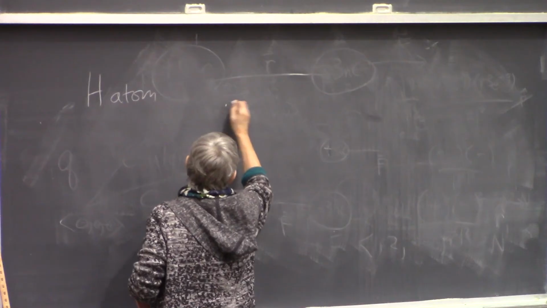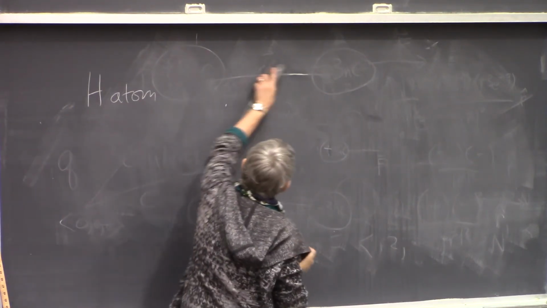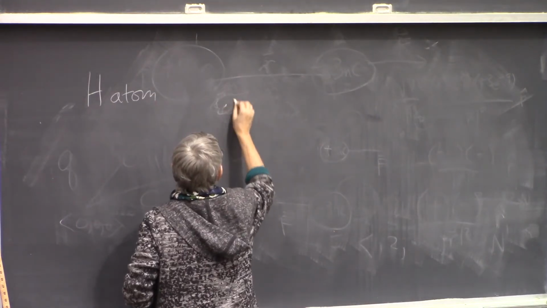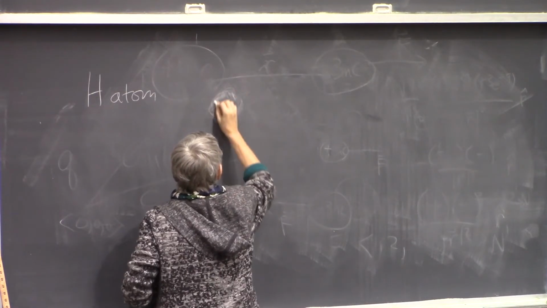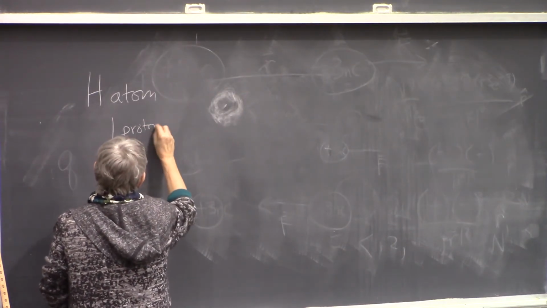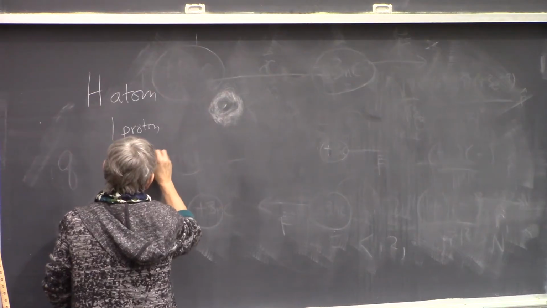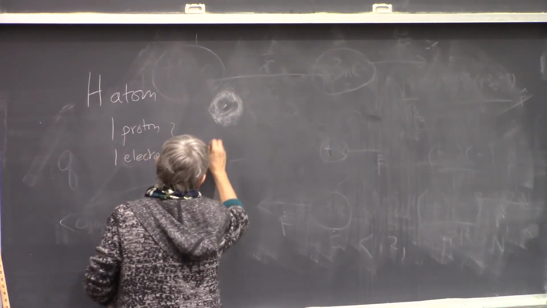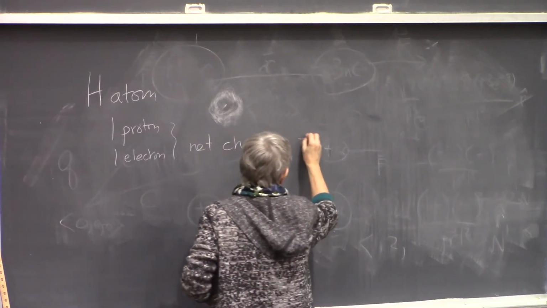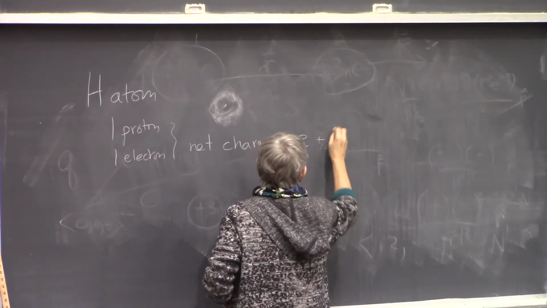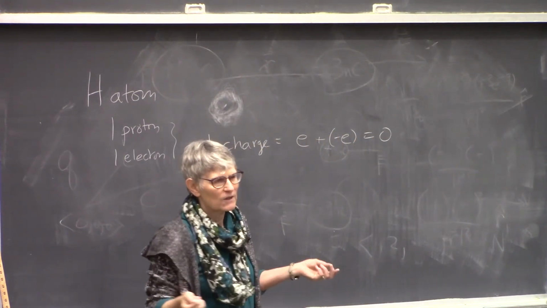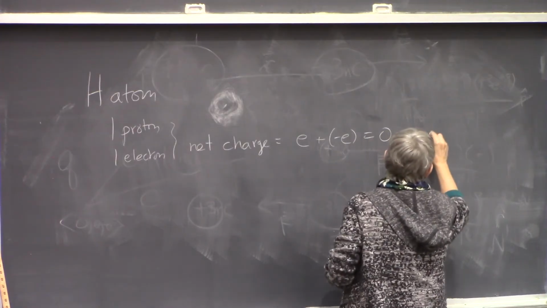The proton sits at the nucleus, at the center, and the electron spends its time wandering around in a spherically symmetric cloud. So we have one proton, one electron. We say its net charge is e minus e, which is 0. So that's a neutral object if the net charge is 0.